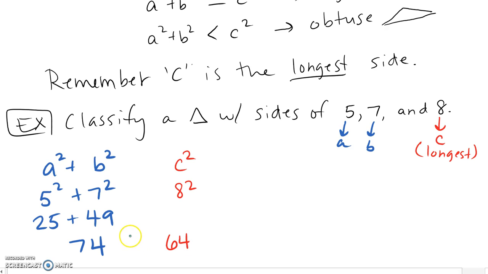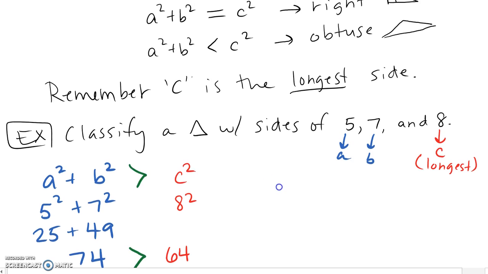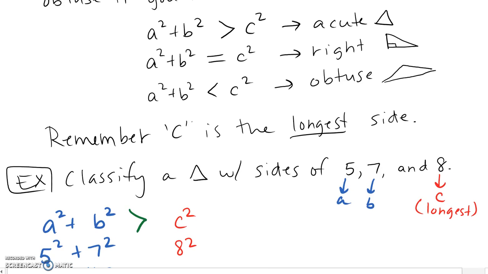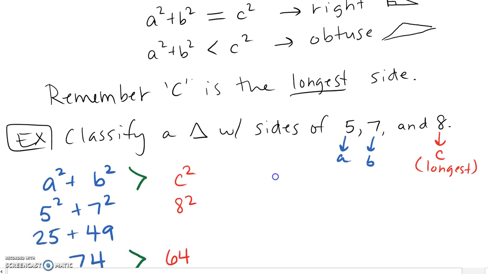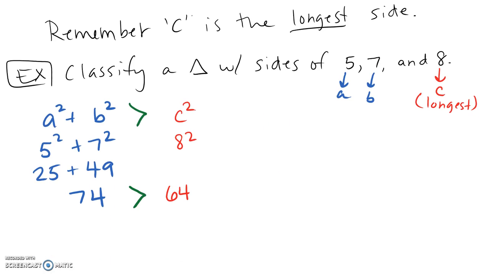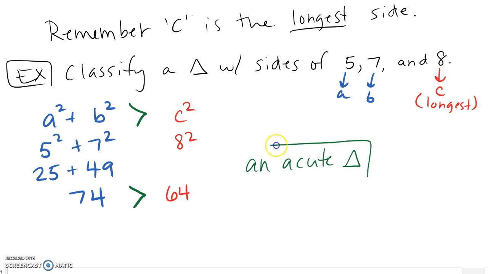That means 74 is bigger than 64, which means A squared plus B squared is greater than C squared. Looking back up at my chart right here, A squared plus B squared was bigger than C squared. This is an acute triangle.